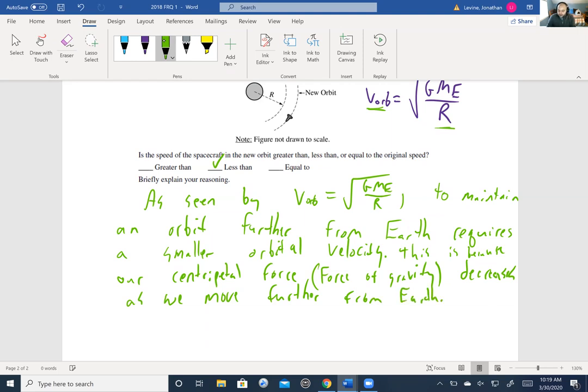Now, the reason why I put that extra little bit is it just shows full understanding. I'm sure that first statement would be enough by the fact that it says briefly explain, but it's always helpful to give a thorough explanation, even if it asks for just a brief explanation.